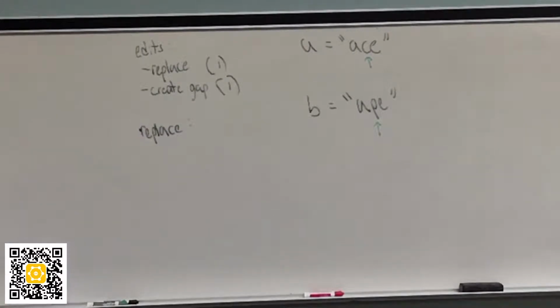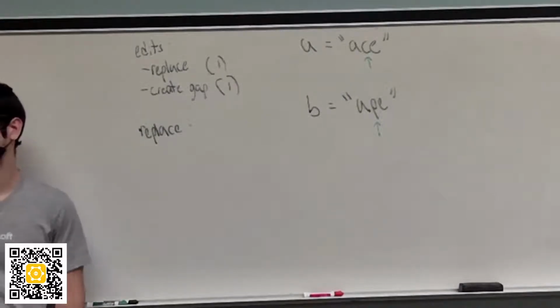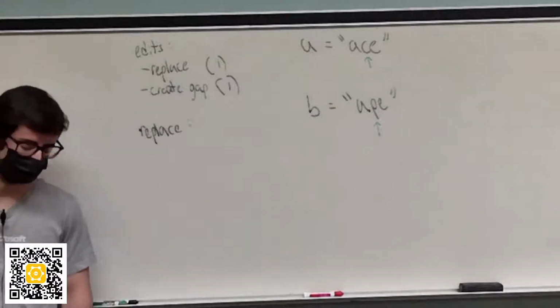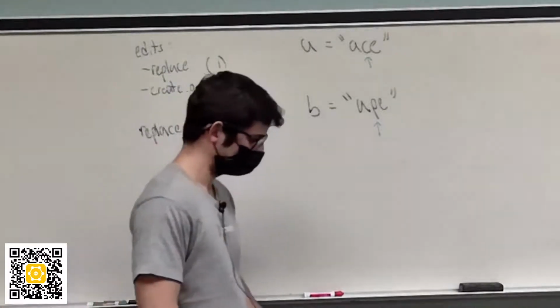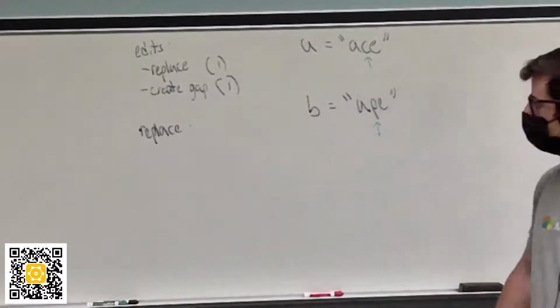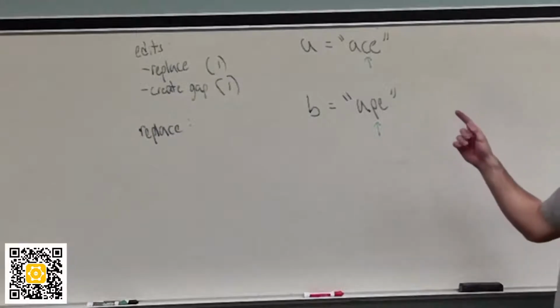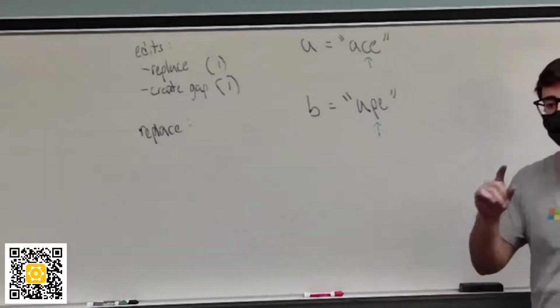Demba, you going to say something? Yeah, I have a question. For the replace thing, which string are we trying to match to the other string? Does the replace depend on that, or are you just trying to get both strings to be equal, or are you trying to convert one string to another? Yeah, I think it matters in how you send the order into your recursive call, or how you create the DP table.